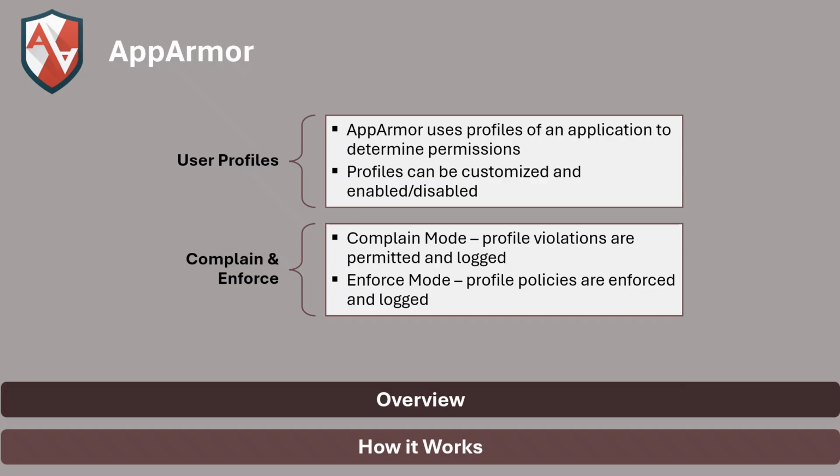There are two modes of operations for profiles: complain and enforce. The complain mode permits access violations to occur while logging these incidents, making it useful for testing new profiles. On the other hand, switching a profile to enforce mode activates access control and logs any violations that may occur.